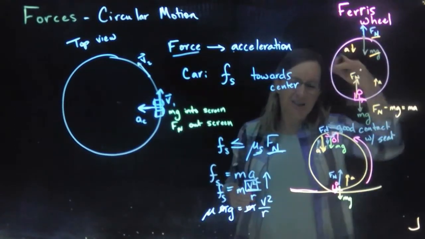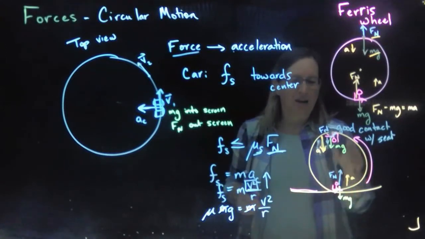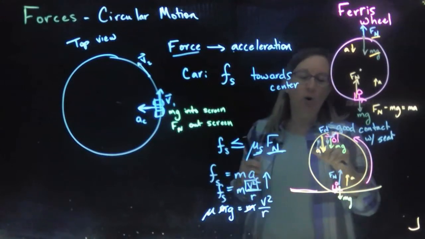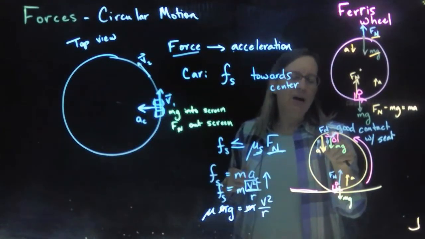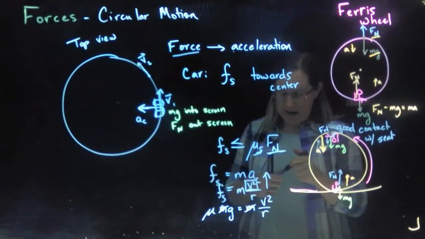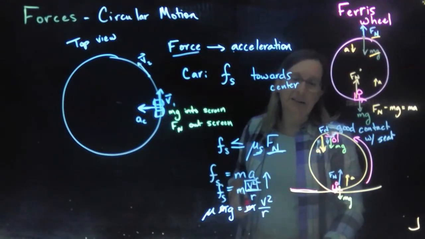That's the direction the seat can provide a force. So if you're going fast enough, then you have good contact with the seat. You don't need your harness to hold you. But if you're going slower at the top, if this acceleration is pretty low, then you can have a situation where you need a harness to balance out the forces to still give you that acceleration.